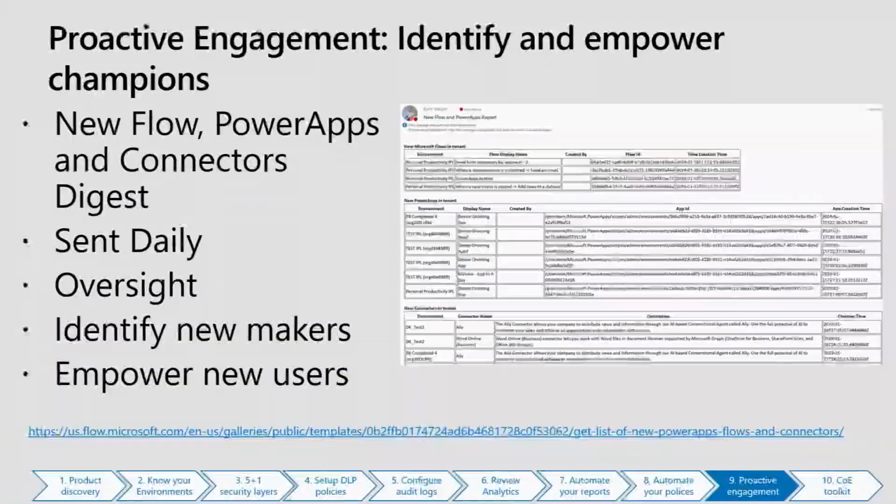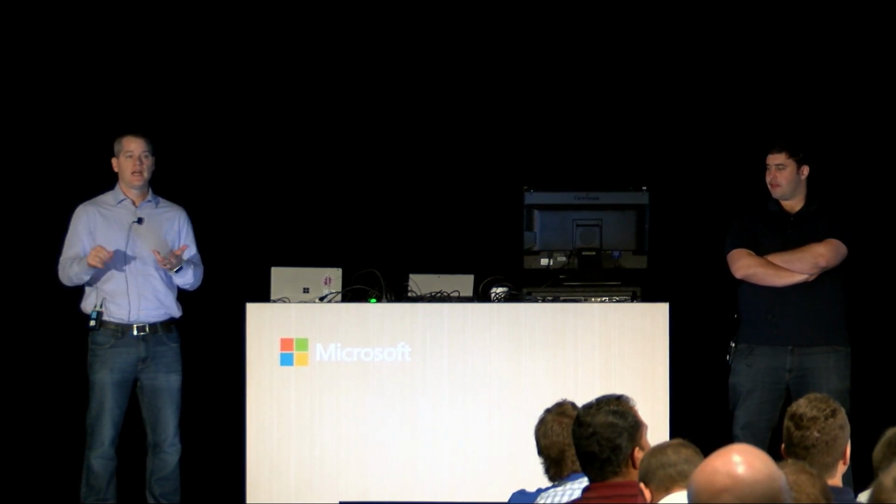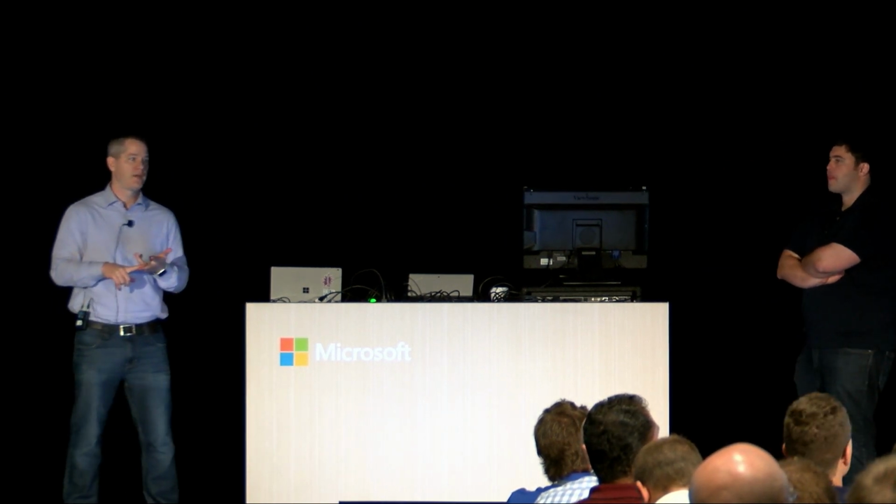Absolutely. And so this is another example, and once again, that coin keeps showing up here where there's two sides to the coin. Naturally, an administrator wants to understand what's going on in their environment. So what this report does, and this is a template that James had previously shown, is identify any new flows, any new Power Apps, and any new connectors, whether they be custom, Microsoft first party, or third party.